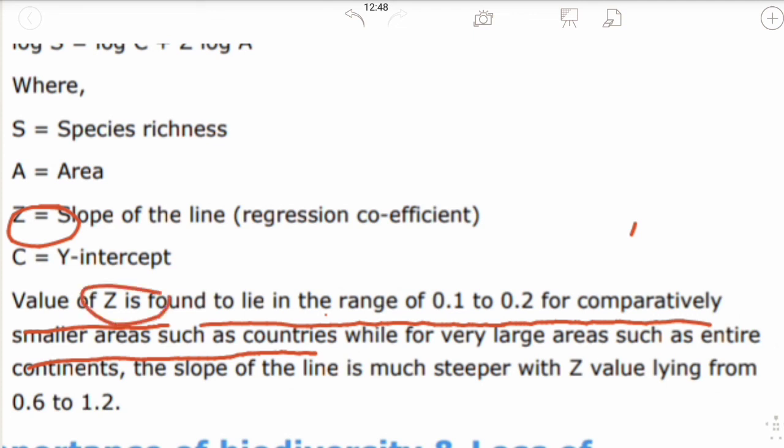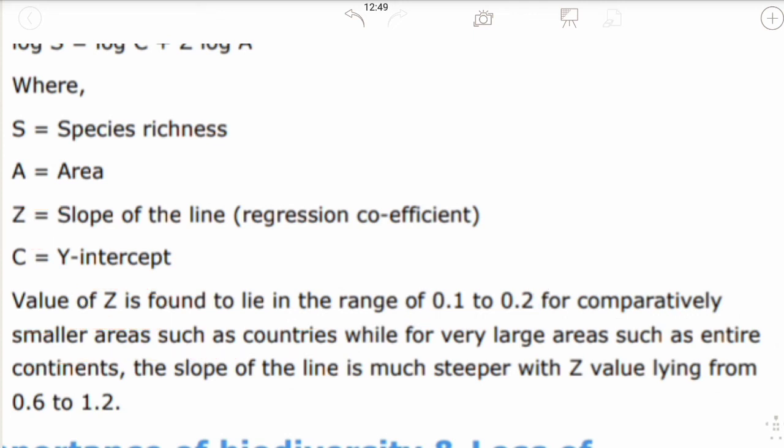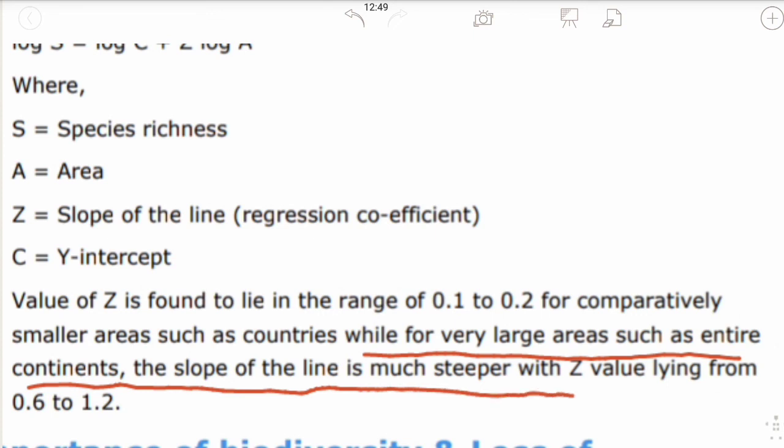Whereas for large areas such as entire continents, the slope of the line is much steeper, with the Z value lying from 0.6 to 1.2.